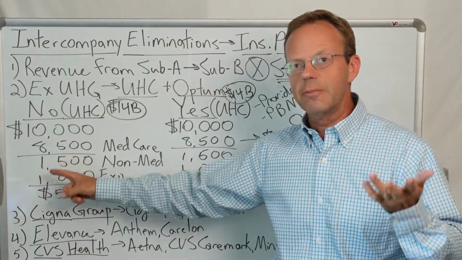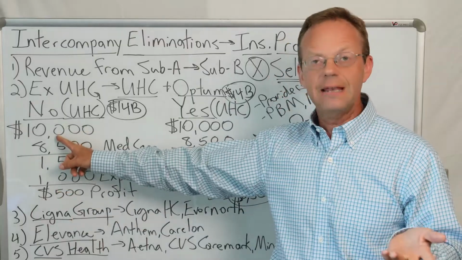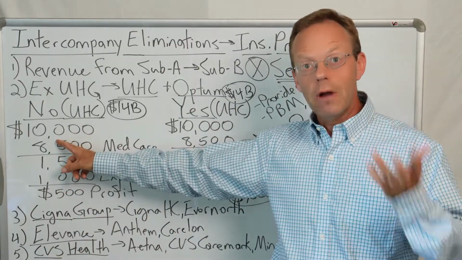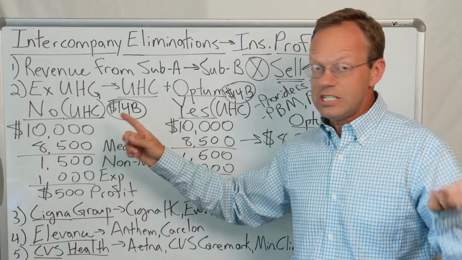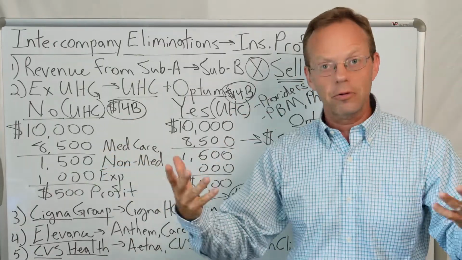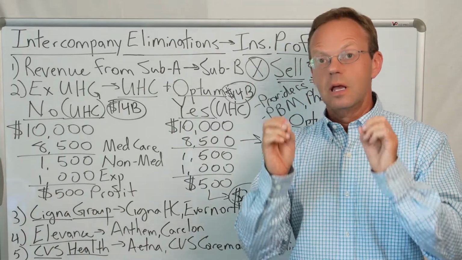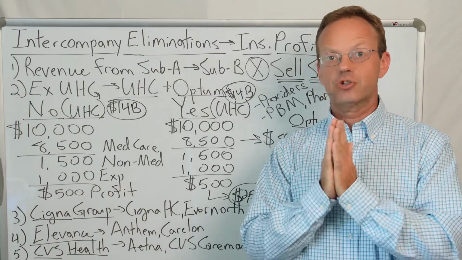Then you would take the $1,500 minus the $1,000, leaving a final profit of $500 off the $10,000 of premium revenue, and you didn't break the medical loss ratio because you were still spending $8,500 on medical care for that premium. Okay, fine. However, this is what United Health Group actually does.